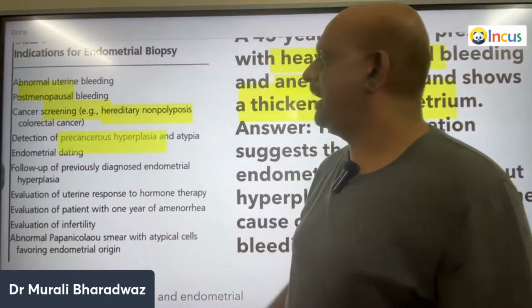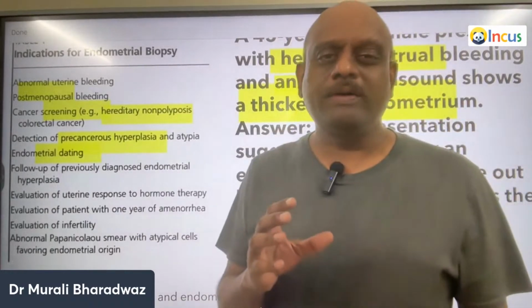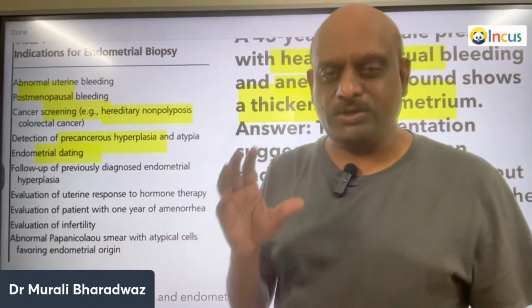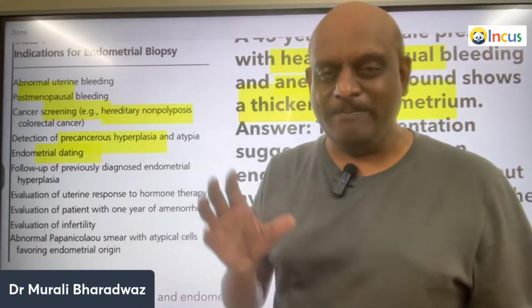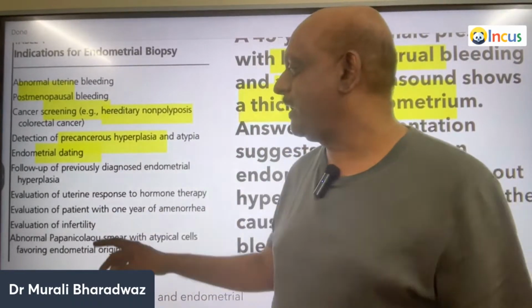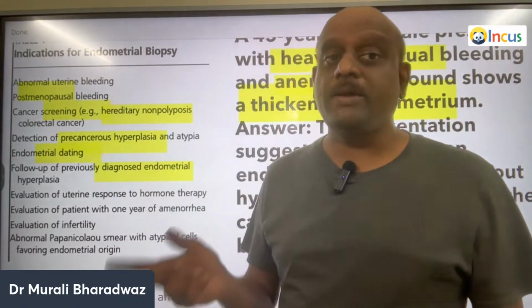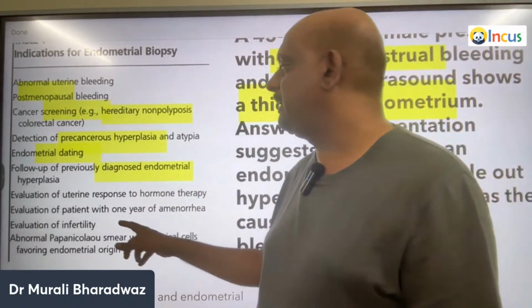Detection of precancerous hyperplasia. Any endometrial dating. You want to know whether endometrium is rich enough, mature enough to receive implant in IVF. There also we do endometrial biopsy. And any previously diagnosed endometrial hyperplasia, you need to seriously do the endometrial biopsy.